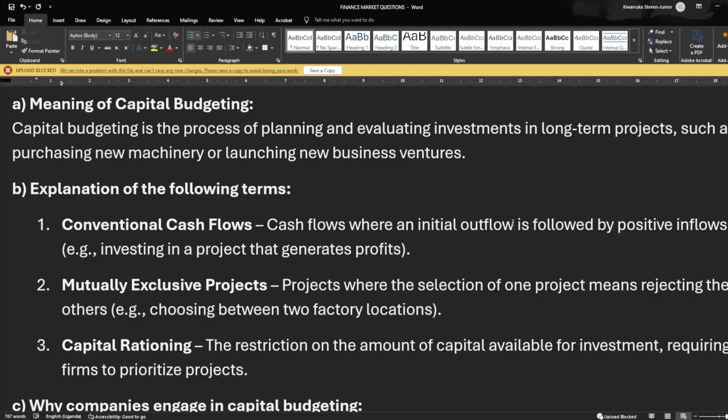Then mutually exclusive projects. These are projects where selection of one project means rejecting others. If they are mutually exclusive, that means the opposite is independent.